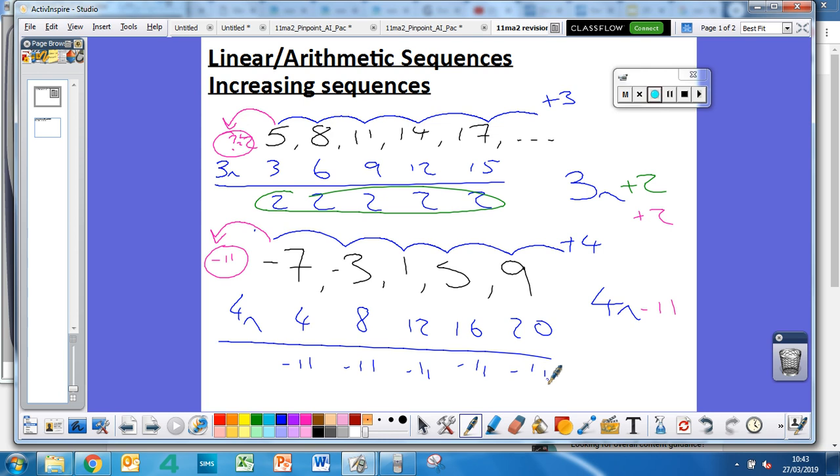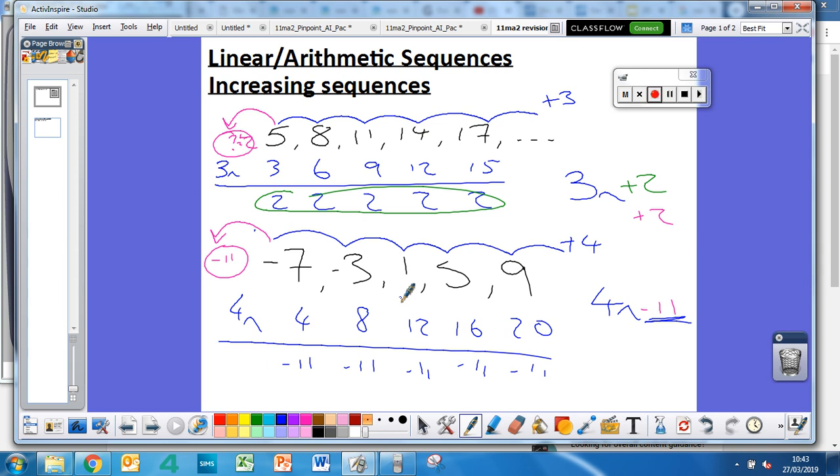That's another way of seeing where this part of the sequence comes from. So 2 options, choose the one you prefer, either the 0th term or subtracting and seeing what's left over. They both work, you choose the one that works for you.